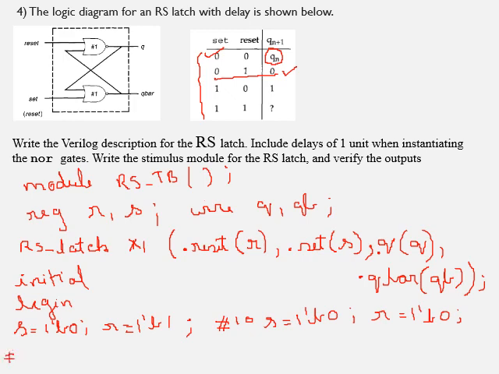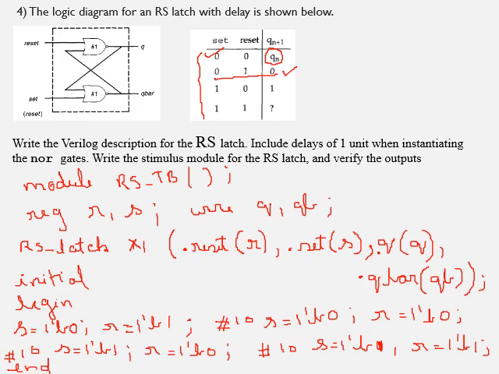Next, after a delay of set time units, I will give S equal to 1 and R equal to 0. Then finally I can get the last state which is undefined, that is S as 1 and R also 1. Okay. Then end for the initial block followed by end module.